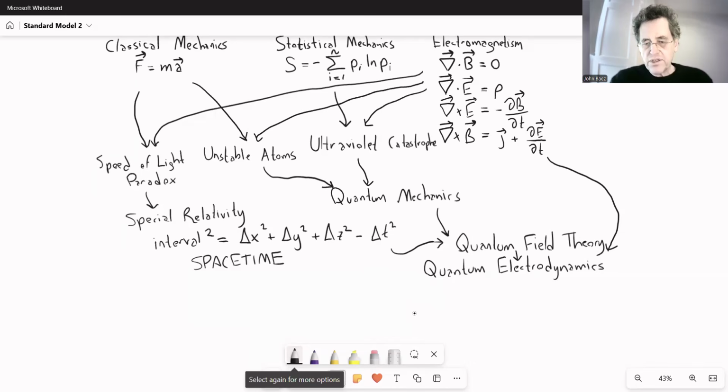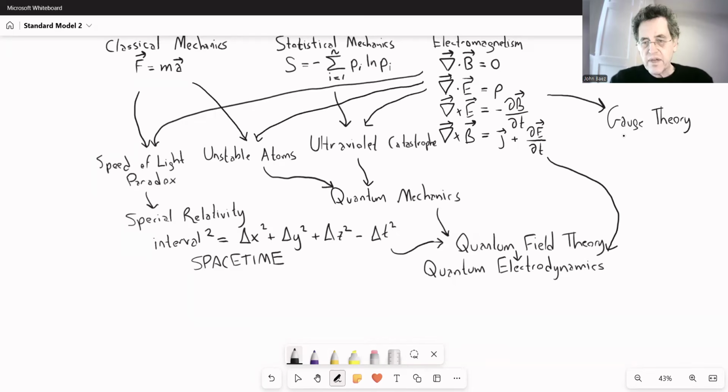So the standard model should go beyond quantum electrodynamics, and it does, but it involves some new insights. These new insights actually come from pondering electromagnetism a bit more deeply, and they go by the name of gauge theory. Gauge theory resulted from re-examining Maxwell's equations and thinking about them more deeply.